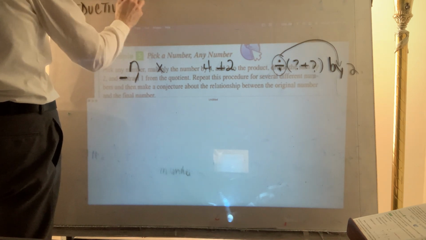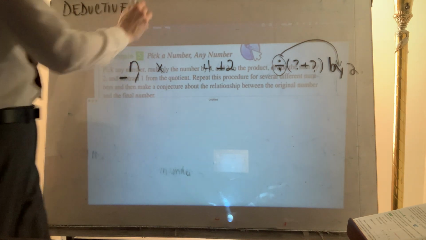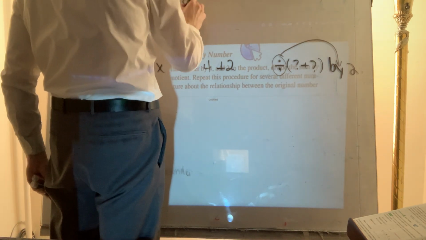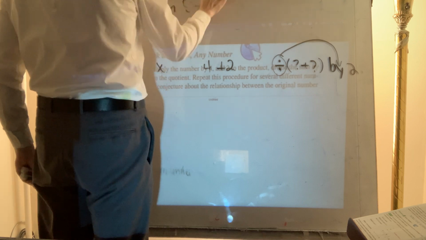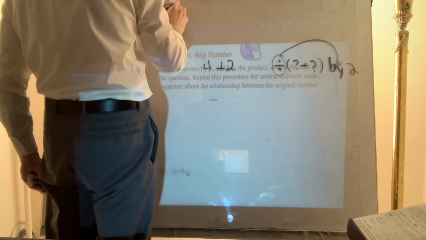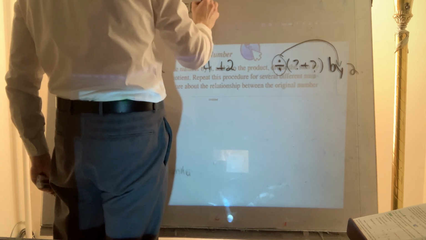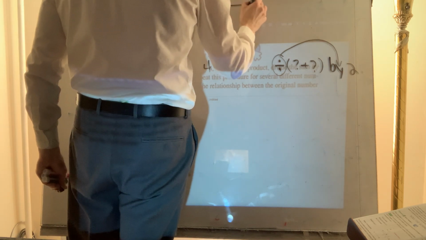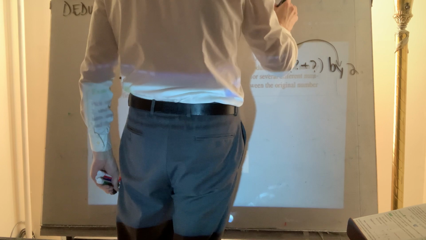If we're going to use deductive reasoning, and this is meant to illustrate that, then the train of thought is that we have a general statement and we're going to form a specific conclusion.